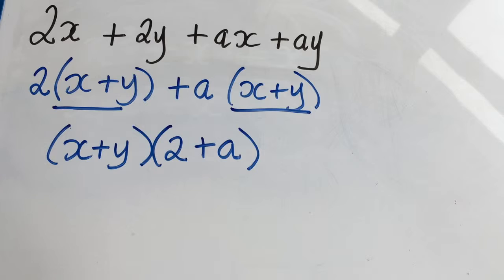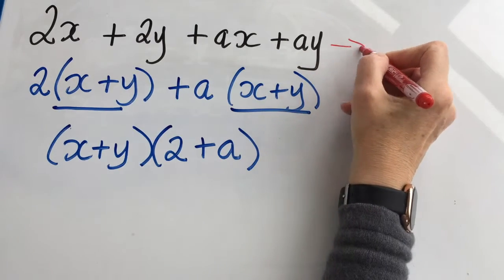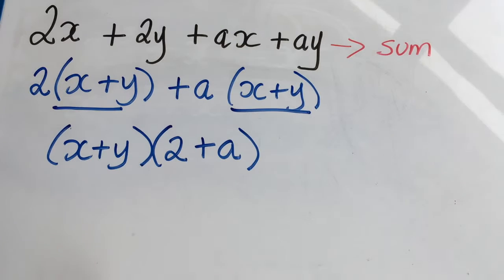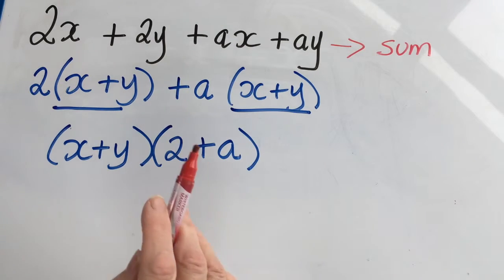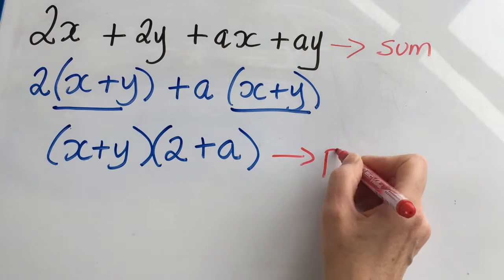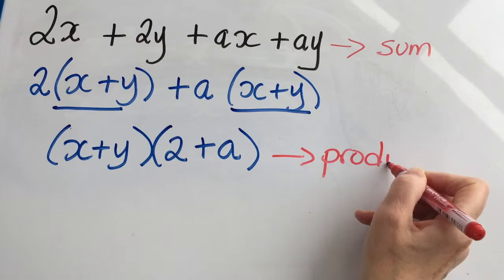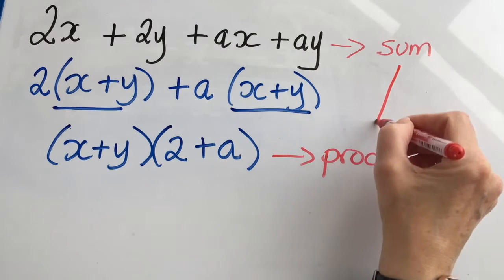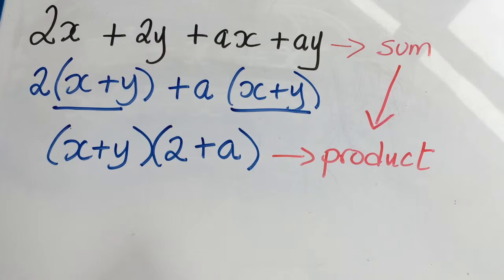So the original question is written as a sum. That is, all the terms are separated by pluses. The final result is a product. That process of going from a sum to a product is called factorising.